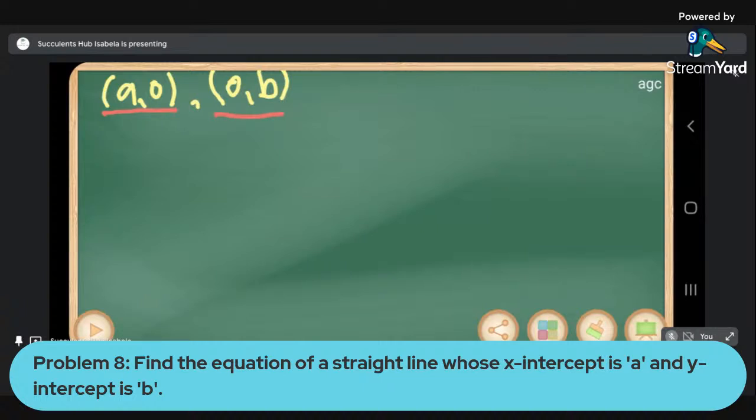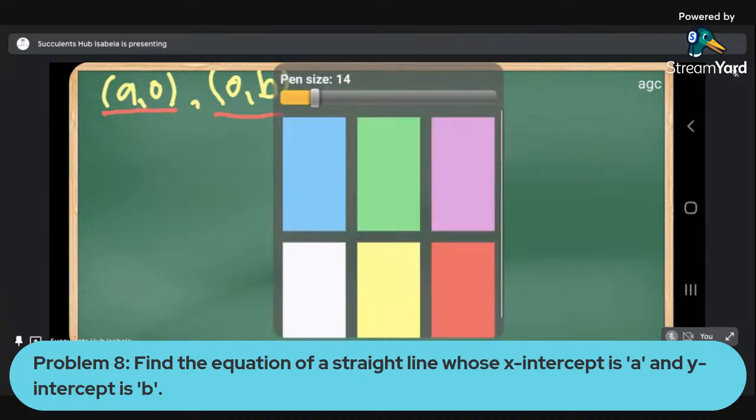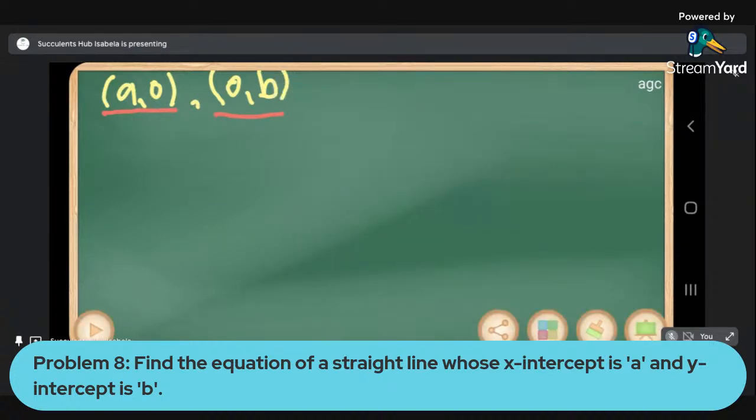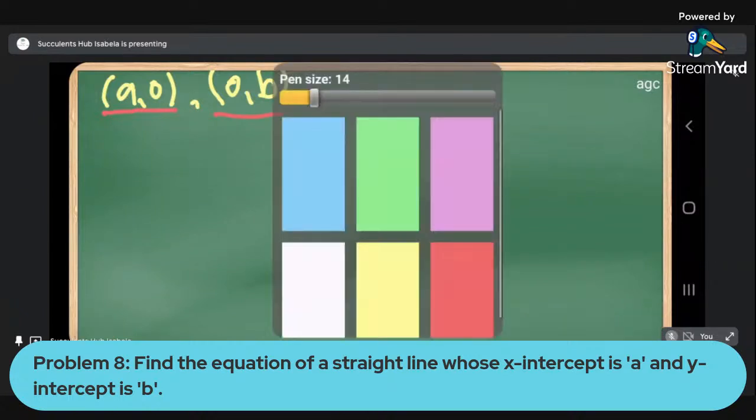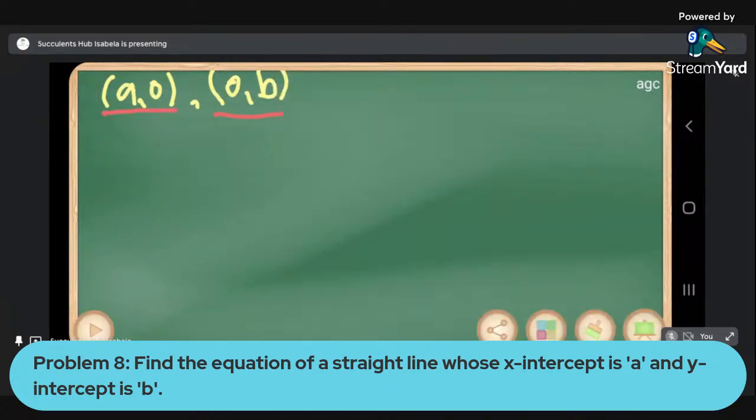So if you notice, we have 2 points here. So pwede natin gamitin yung 2-point form. So tignan natin kung ano yung equation ng line na yan. Kapag ang given ay yung x and y intercepts. Okay, sige, mag-label tayo para consistent, ano? So, this is x sub 1, y sub 1, x sub 2, y sub 2.